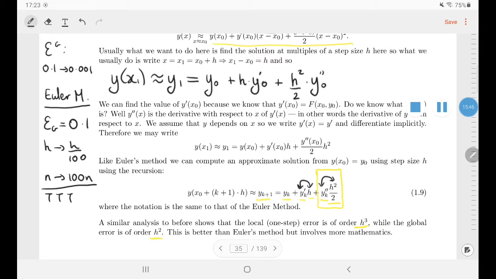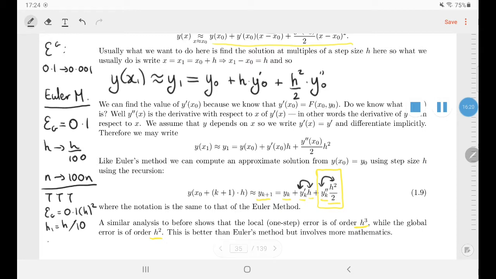So maybe if I say that the original error, 0.1, is equal to 0.1 h squared. If I want to get that down to 0.1 h squared divided by 100, I don't have to divide the step size by 100. I only have to divide it by 10. So h1, equal to the original step size divided by 10, will do the job.